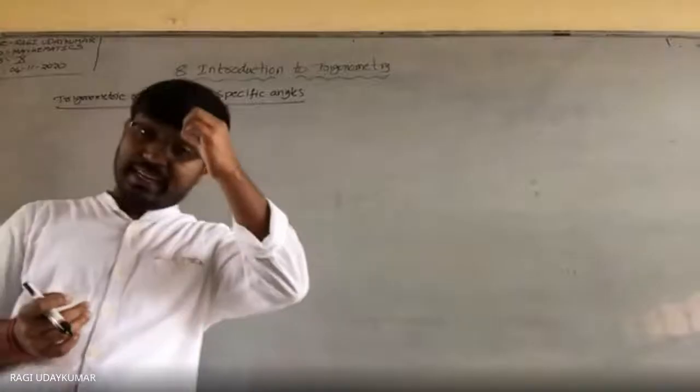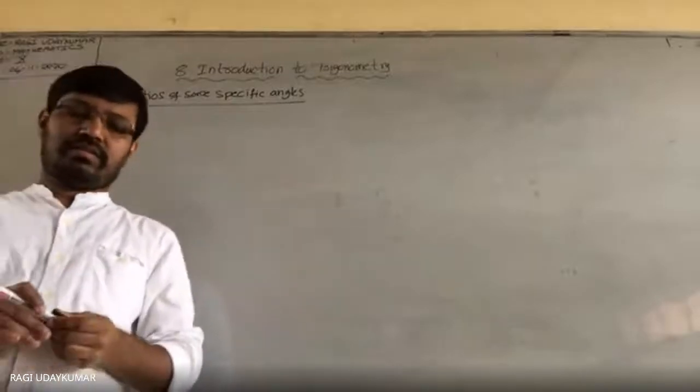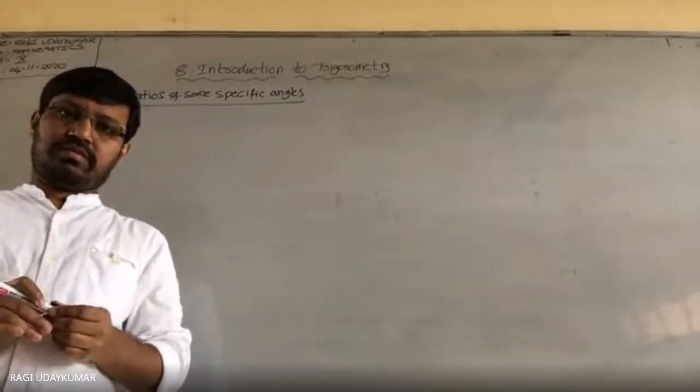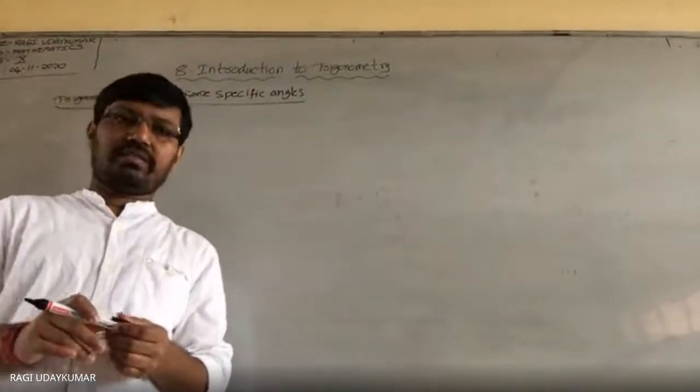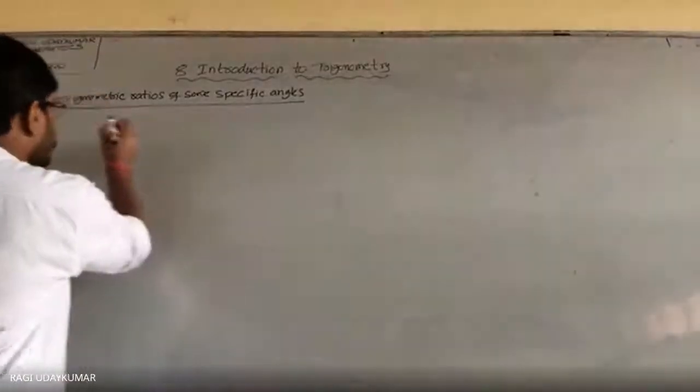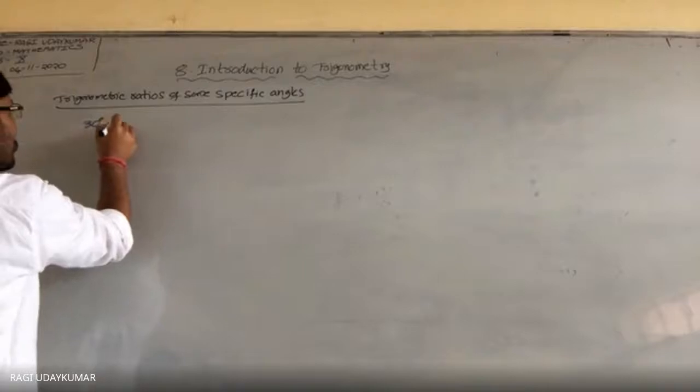Tan 45 degrees? 1. Cot 45 degrees? 1. Secant 45 degrees? Root 2. Cosecant 45 degrees? Root 2. Very good, very good.